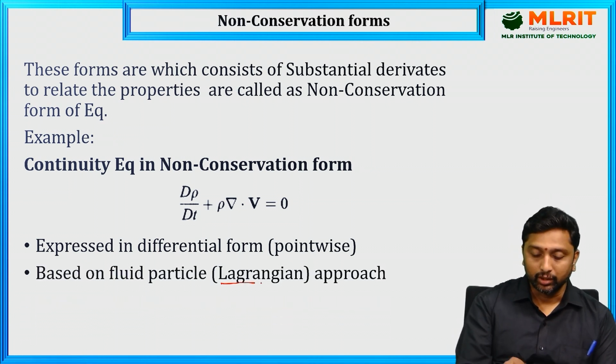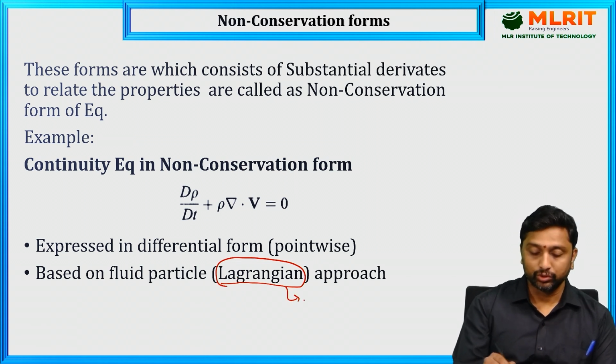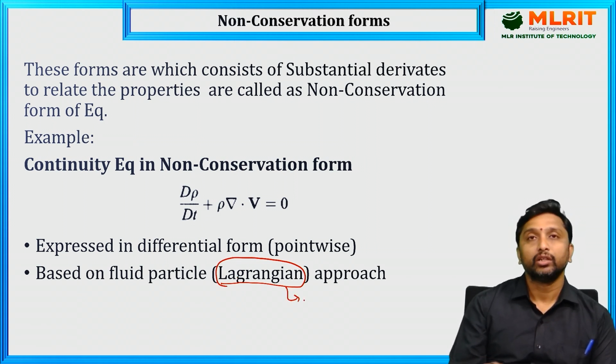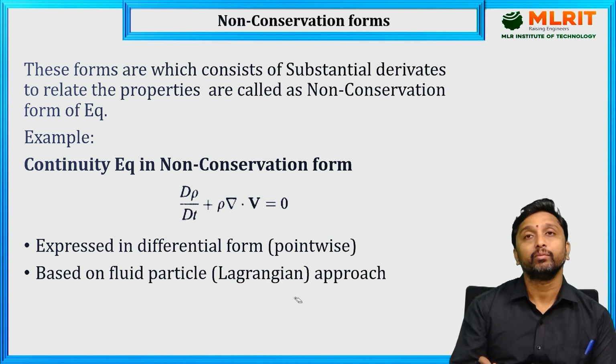So as I said, the infinitesimal element always uses the Lagrangian approach, where the element is assumed to move and all the characteristics of the element are noted, and based upon the characteristics of that element, the governing laws are developed.